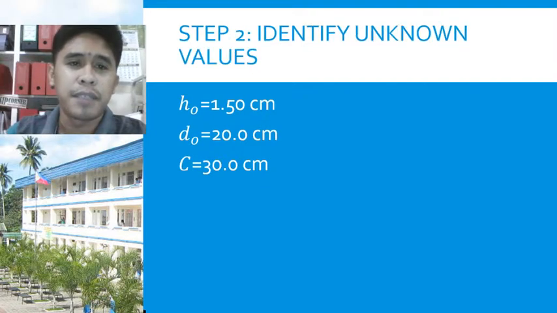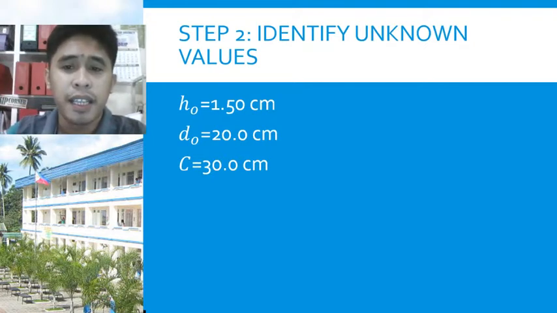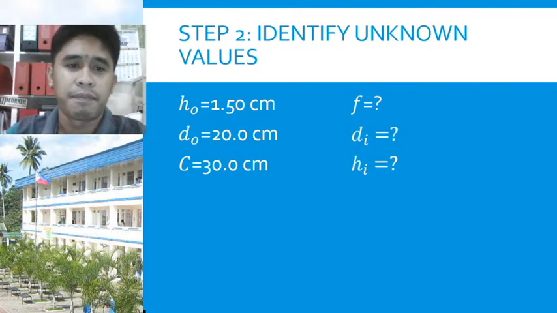The second step is to identify the unknown values, or those that the problem wants us to find. So from the problem, we have identified three unknowns, which include the answer. And these are the focal length f, d sub I, and h sub I.